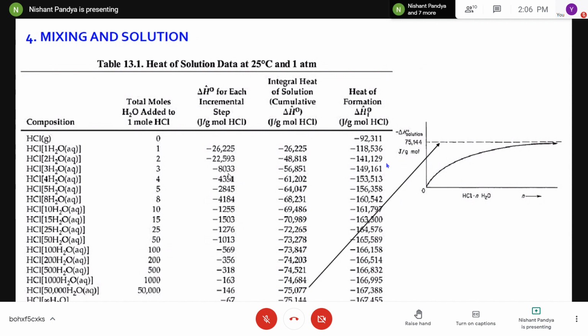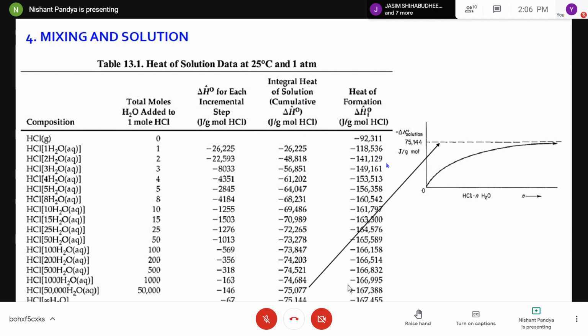So you can see that if you keep on adding solvent, the change in enthalpy is reducing. The increment which is happening here will keep on reducing, and at one point the solution is so dilute that the increment will be negligible. Here you can see the difference: minus 26,000 enthalpy change occurred, and now at the end, when the solution is very dilute, 1 mole of HCl and 50,000 moles of water, the change in enthalpy is only minus 146 joule.